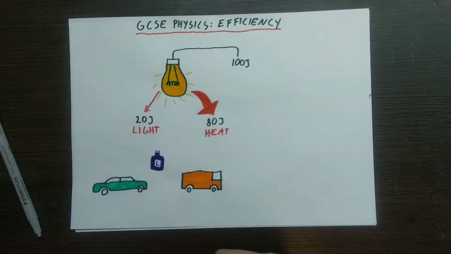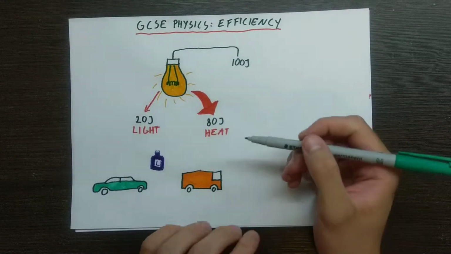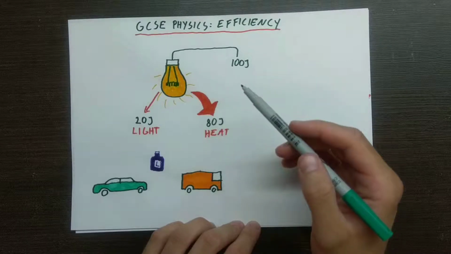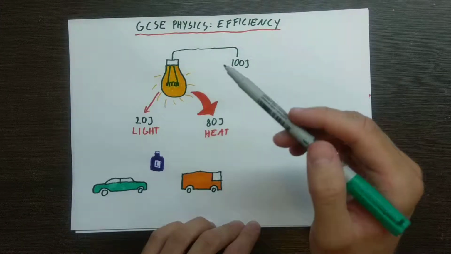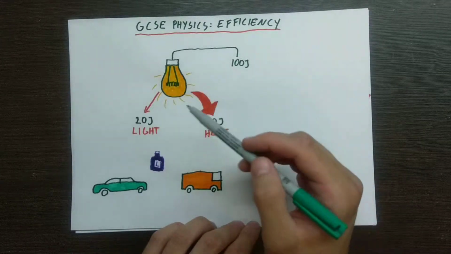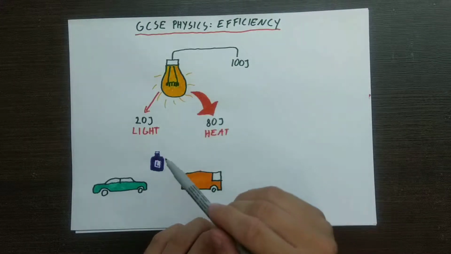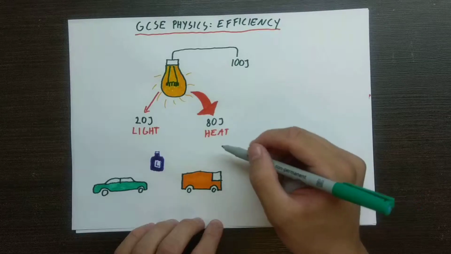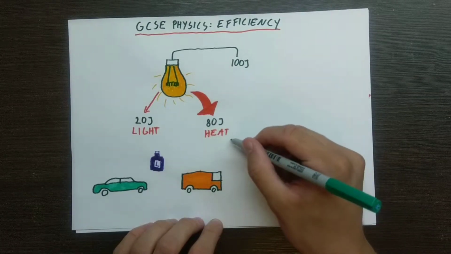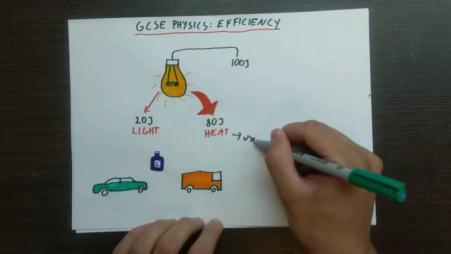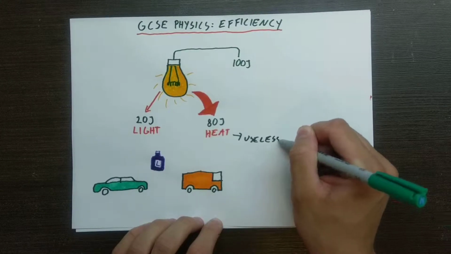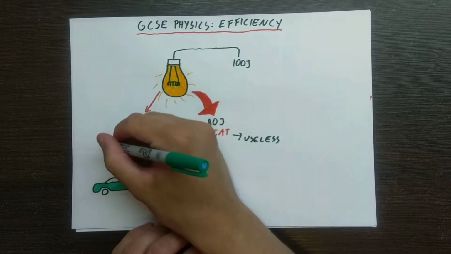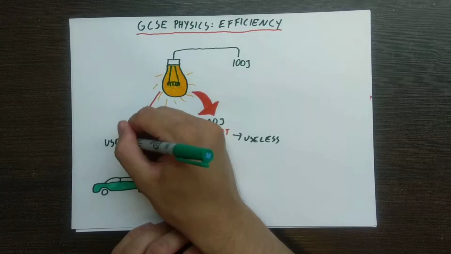Now, considering that this is a light bulb, we want light. We don't necessarily want heat from a light bulb. We want light from a light bulb. Then, obviously, heat, in this case, would be useless, and light is the useful thing that we want.